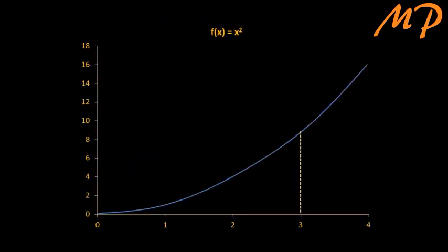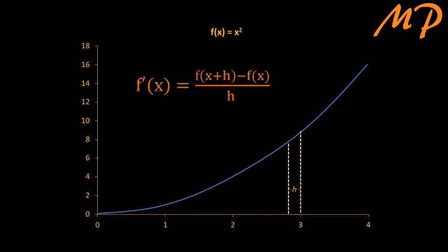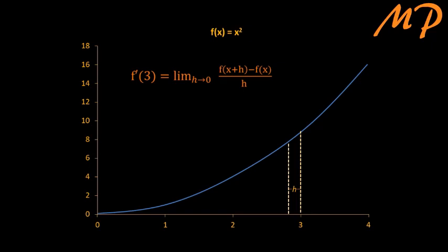Here is a graph of f of x is equal to x squared. Suppose we want to find the gradient at x is equal to 3. Like before, we would choose another point, and limit the distance between them to 0, let's call the distance between them h. As we know, the gradient of the line is change in y upon change in x, and we must limit h to 0 to find the gradient when x equals 3.